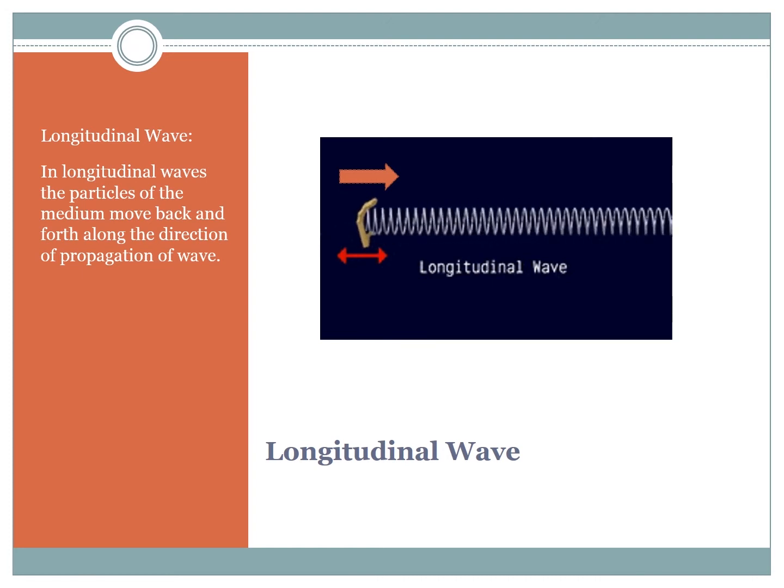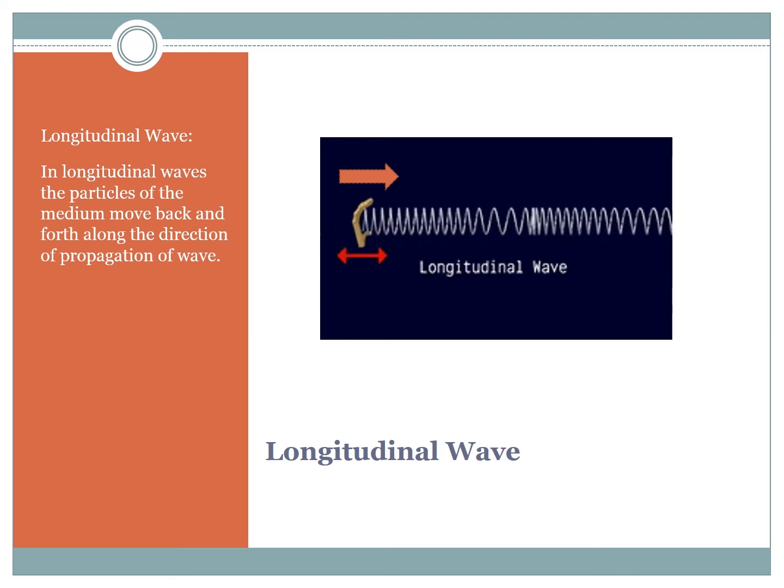Instead of moving in the form of crest and trough, they move in the form of compressions and rarefactions. In the region of compression, particles of the medium are closer together, whereas in the region of rarefaction, particles of the medium are spaced apart. The compressions and rarefactions move back and forth along the direction of the motion of the wave.